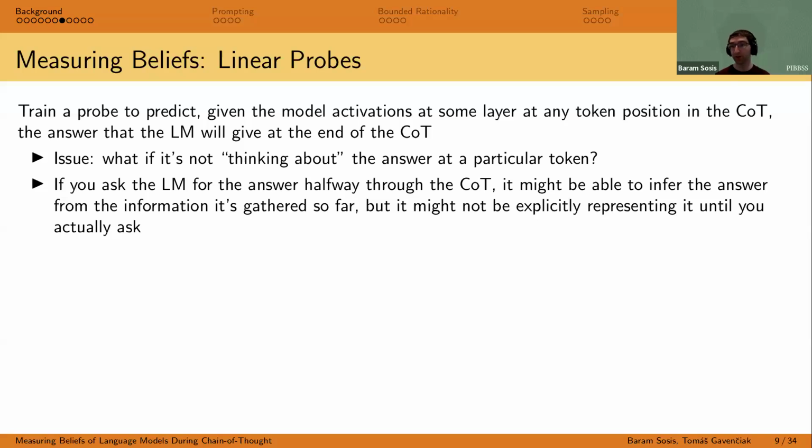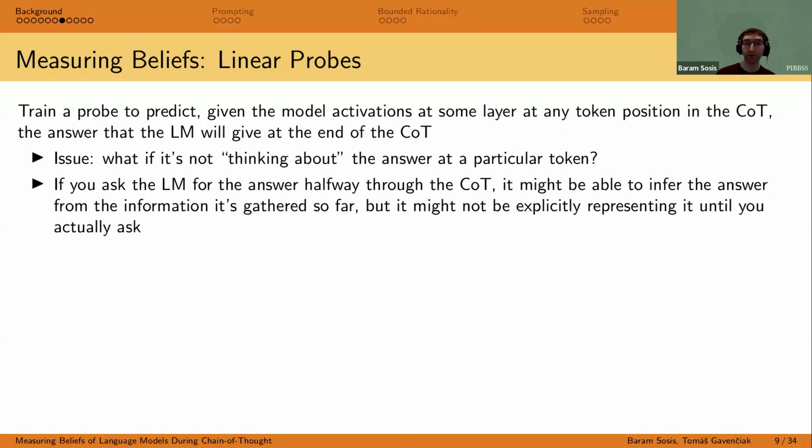It hasn't brought everything together. So if you then go and ask the language model what the answer is at that point, it might be able to infer the answer from the information it's got, but it might not necessarily be explicitly representing it. Potentially, this is a possibility here.